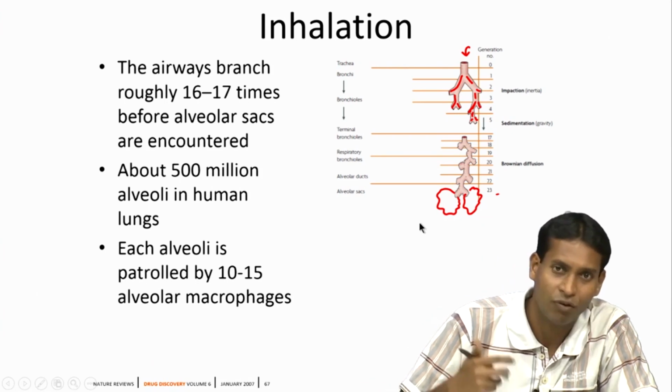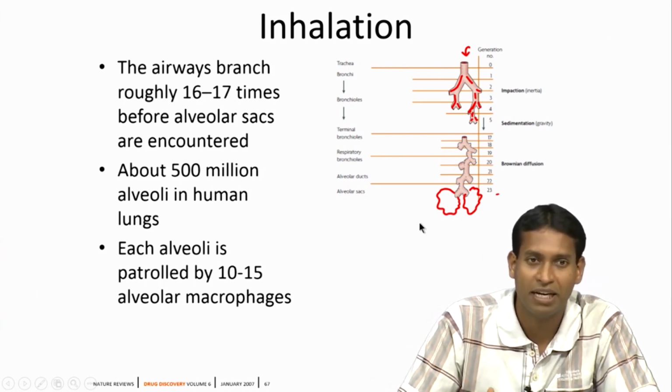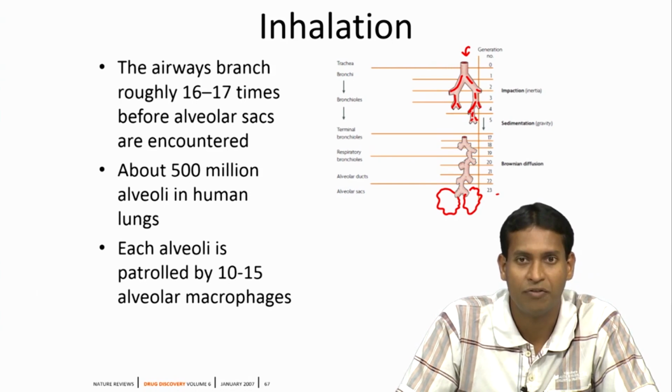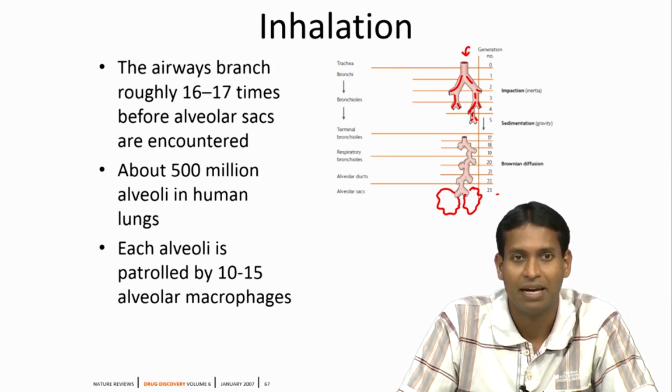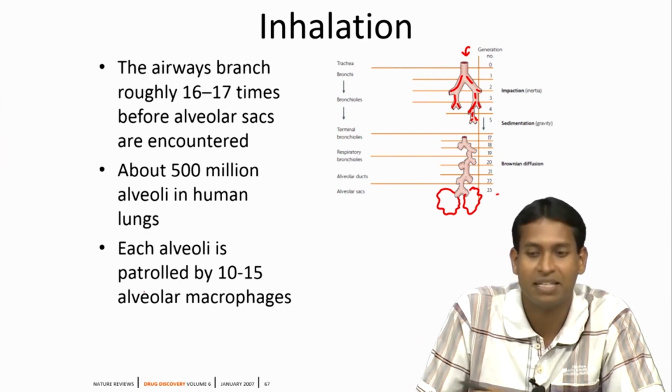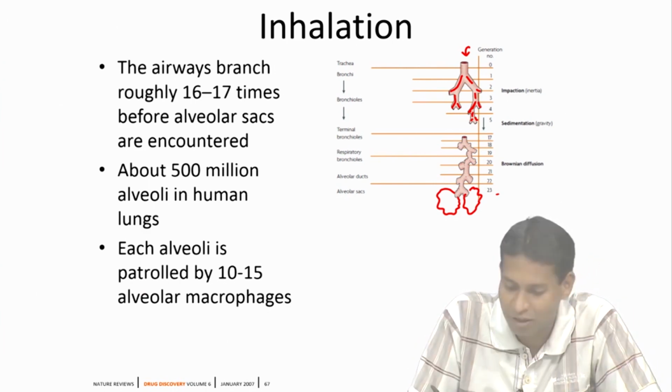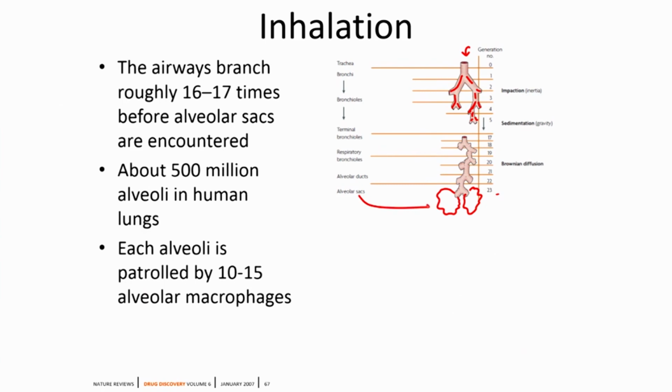What further complicates things is that the body has evolved over quite a few years, and it has put in a lot of surveillance in this area. All of these alveolar sacs carry macrophages, or immune cells basically, about 10 to 15 macrophages per sac.